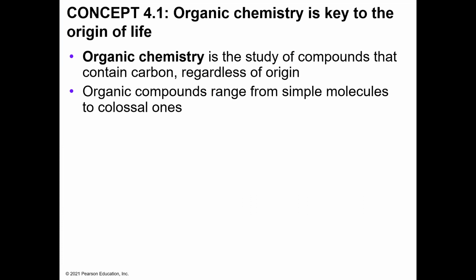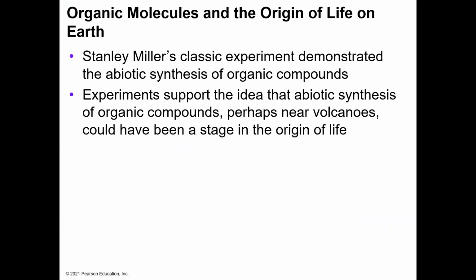Organic chemistry is the key to the origin of life. Organic chemistry is the study of compounds that contain carbon, regardless of their origin. And organic compounds we know range from very simple molecules to what we consider colossal ones that do very complex functions within organisms.